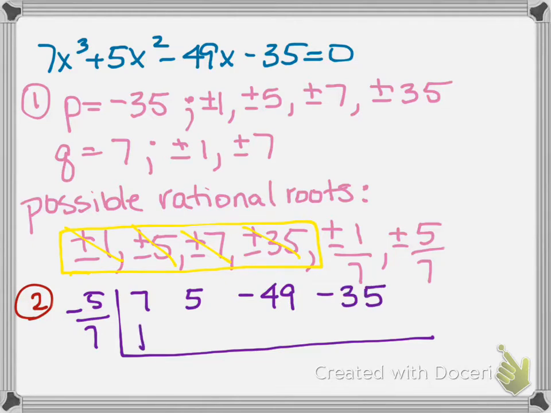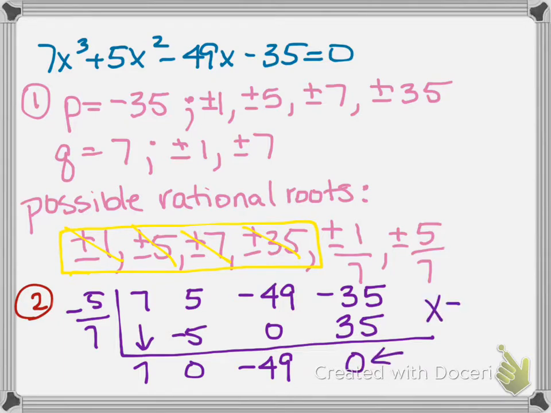So bring down the 7. Negative 5/7 times 7 is negative 5. This becomes a 0. 0 times negative 5/7 is 0. Negative 49. Negative 49 times negative 5/7 is 35. And add these up, there's my 0. So x equals negative 5/7 is a root.